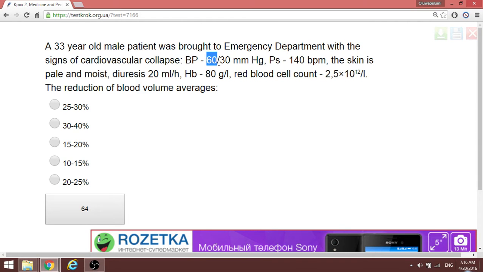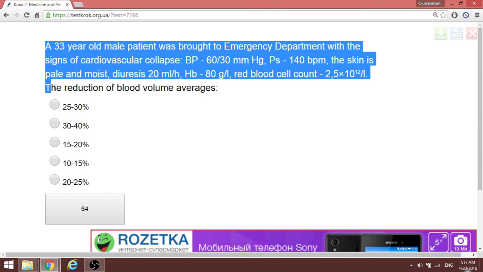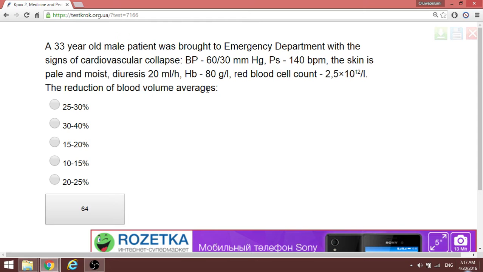Now after you have gotten your shock index, there's actually a table you can just take note of. When the shock index is up to 1, it means that the patient has lost about 20% of the circulating blood volume.